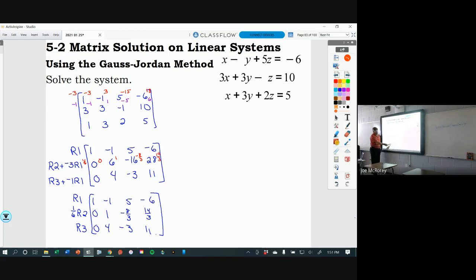What do I have to do to row 2 to make the -1 in row 1 go away? Add it to row 1. Just add them together? Okay. So row 1 is going to be replaced with row 1 plus row 2, and it's that simple. 1 plus 0 is 1. -1 and 1 is 0. 5 and -8/3 is 7/3.